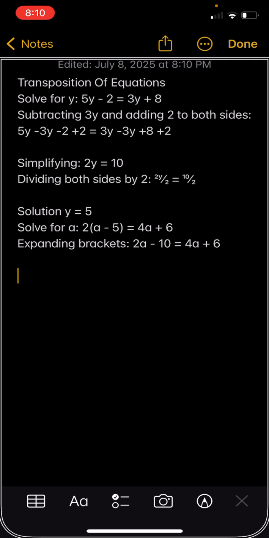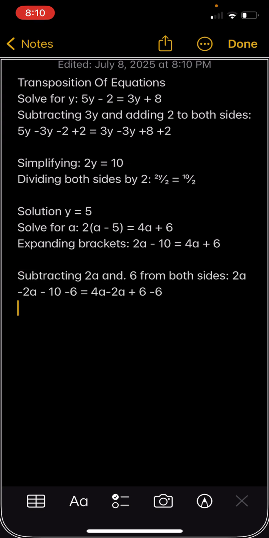So let's go ahead and do that. There you see we have 2a minus 2a minus 10 minus 6 is equal to 4a minus 2a plus 6 minus 6. Simplifying that, collecting all of our like terms together, on the left side we will have minus 16, and on the right side we will have 2a.